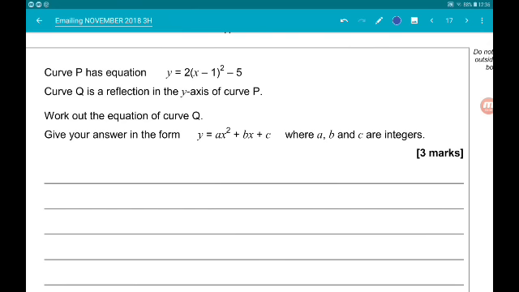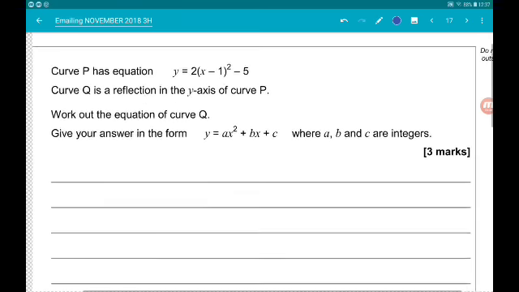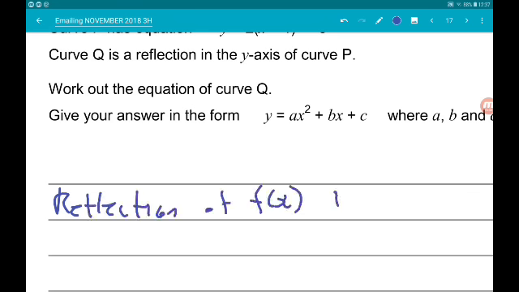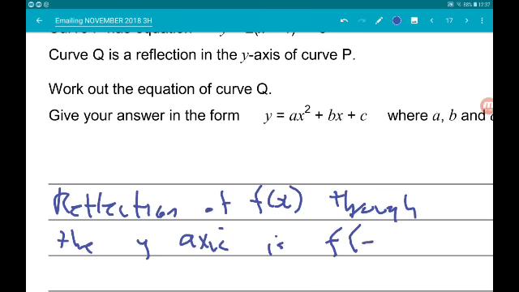Okay, so transformations of graphs, I've got a video down below. So a reflection of f of x through the y-axis is f of minus x.